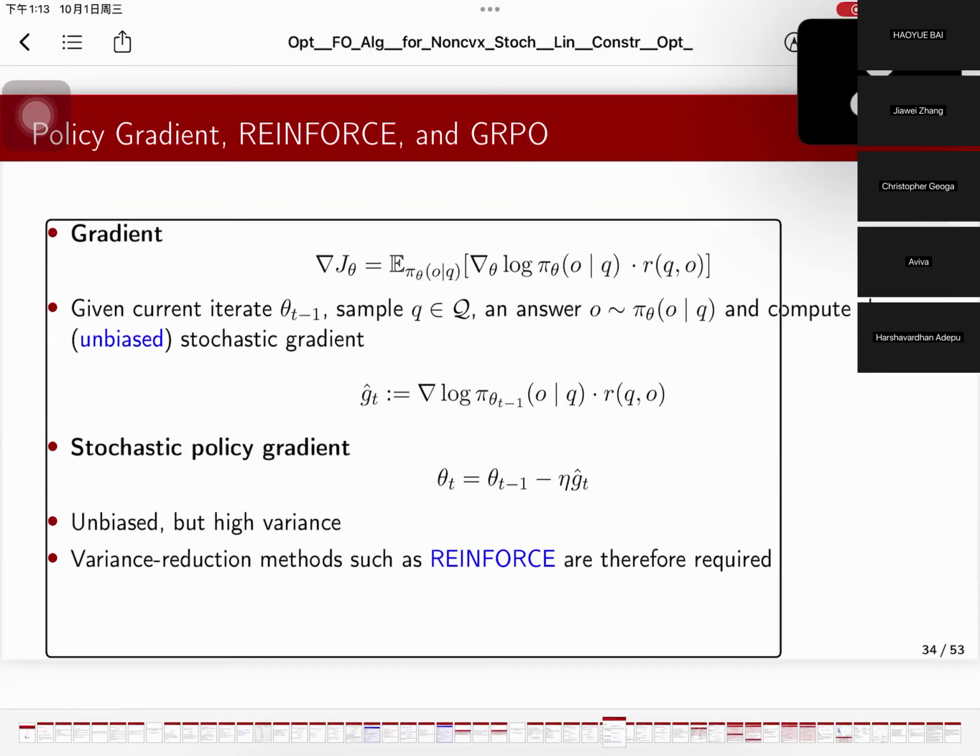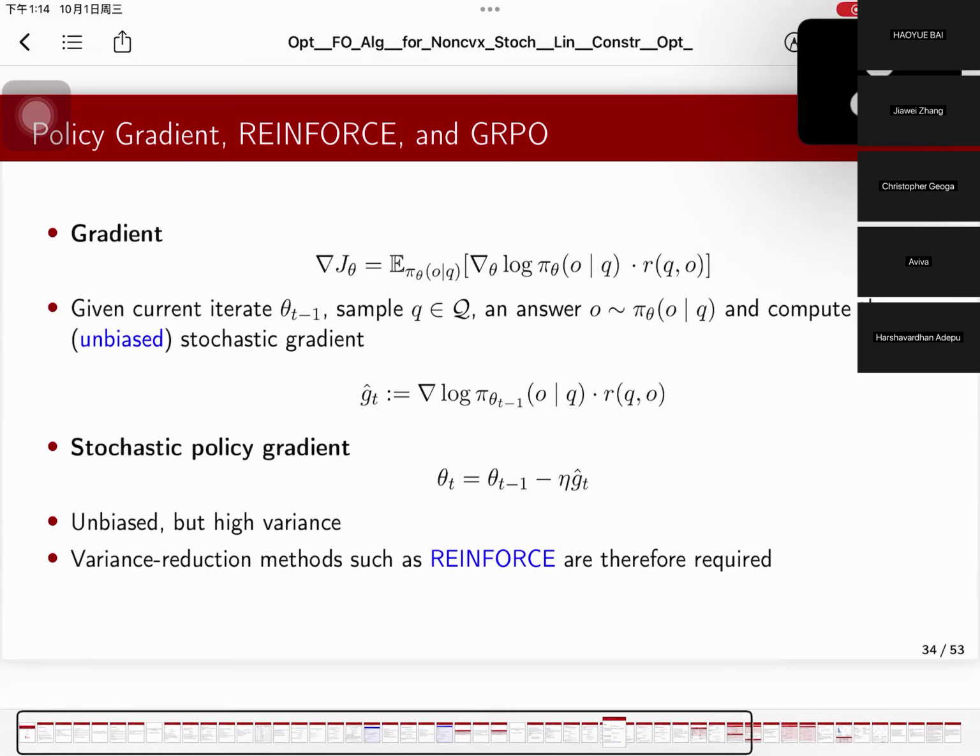We just sample some answers for each question and compute the reward, and then we can give an estimate of the policy gradient. This is just a stochastic policy gradient method. But the main disadvantage of this method is that the variance will be very high.